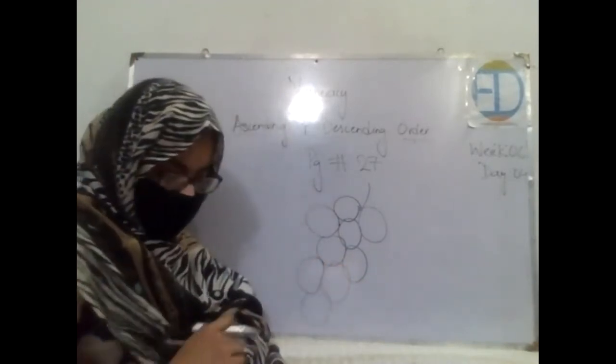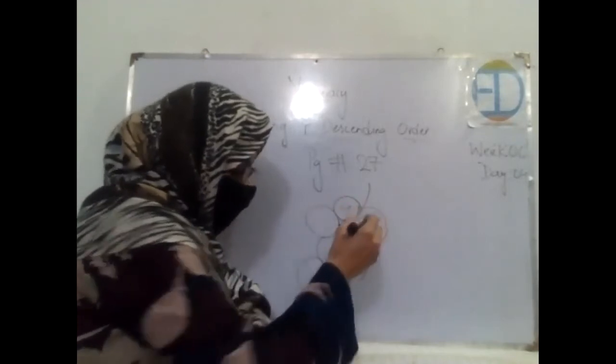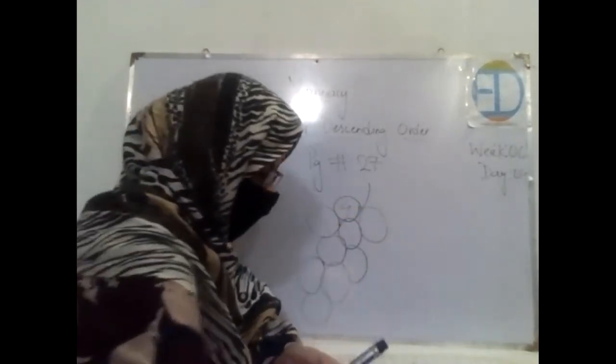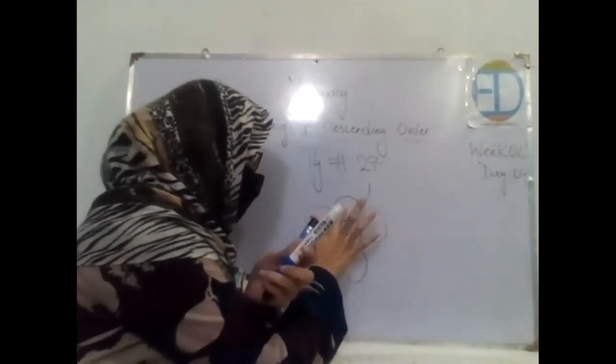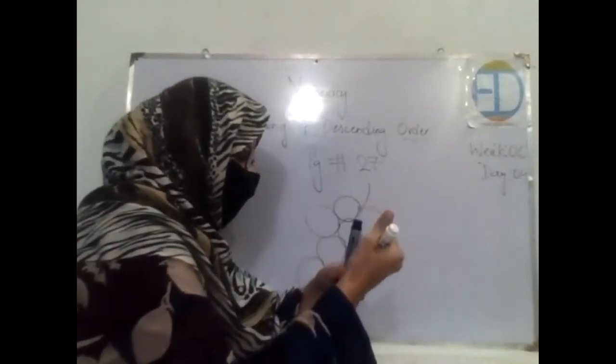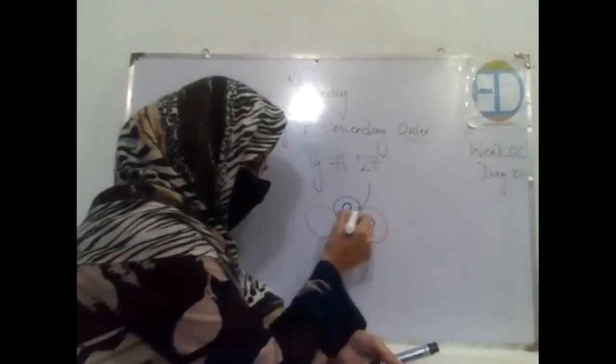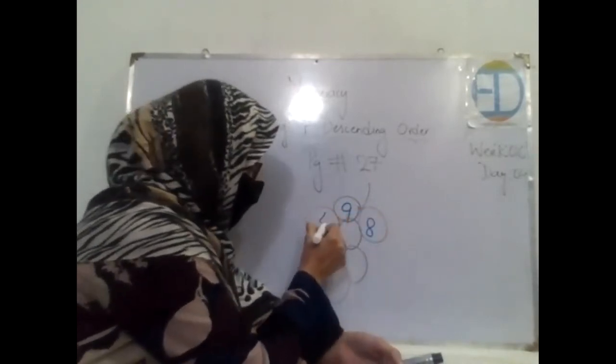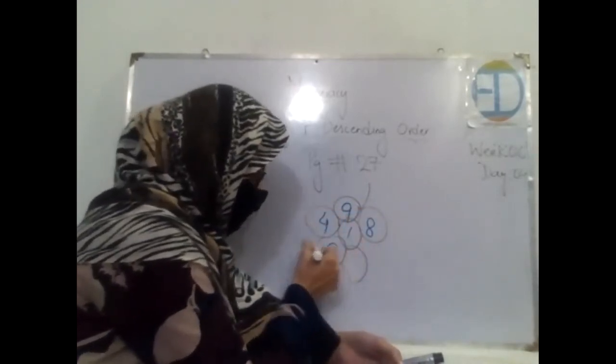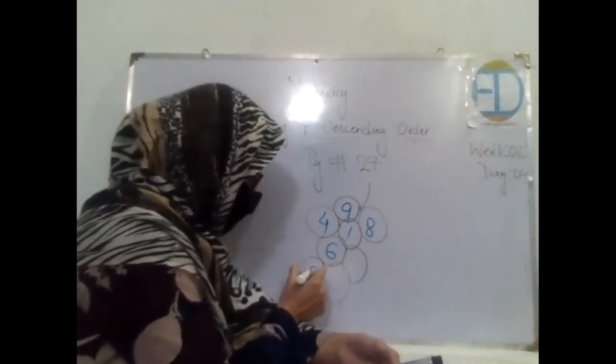Okay, and the numbers are 9. Let's use the other color marker so that the numbers get visible for you. This is 9. Over here, 8, 4, 1, 6, and 5.